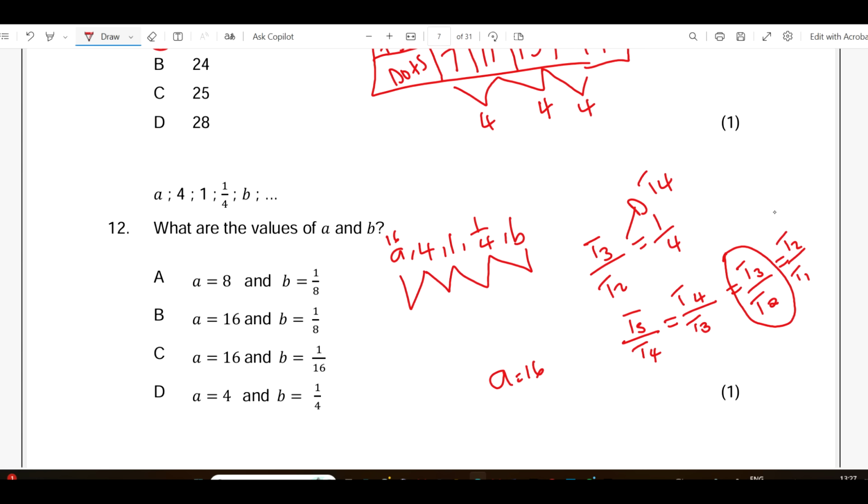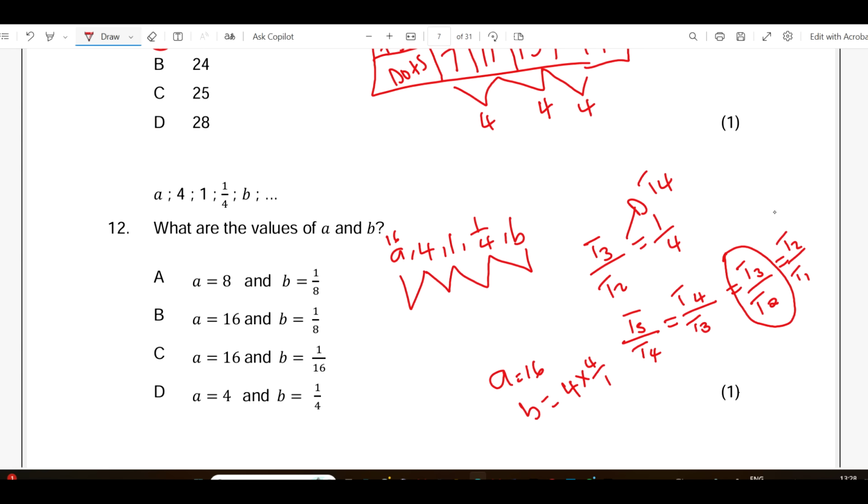So in order for me to get the next one now, it's gonna be like this. My A is gonna be 16, and then my B is gonna be 4 times 4 over what?